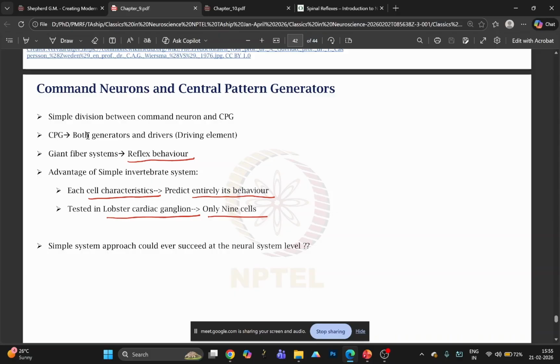They consist of both generator elements and driver elements. But later people understood that these drivers also consist of even more generators and modulators and so on. So this is something that is still being studied. Going into the depth of CPGs would be beyond the scope of this particular discussion.